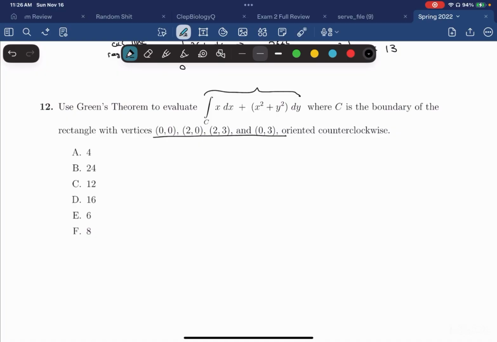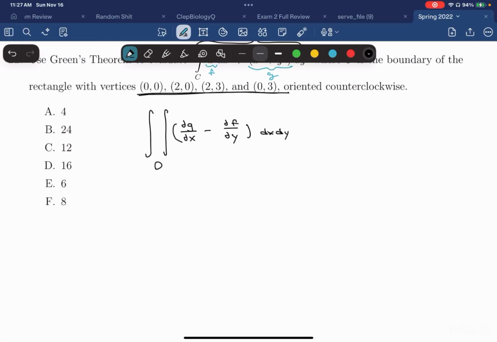So Green's theorem simply states that if this here is F, this here is G, then Green's theorem is the double integral of the region D of the partial derivative of G with respect to x minus the partial derivative of F with respect to y. And in this case, since they're all just xy points, I'm just going to say dx dy.